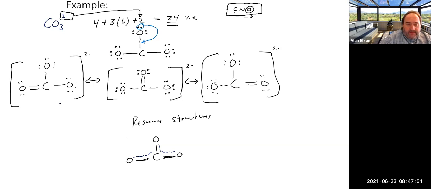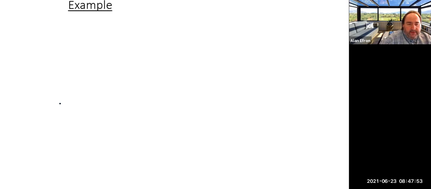Okay, so let's see here. I want to give you some to draw. Why don't you draw SO2? Why don't you draw nitric acid? And I'll give you a hint, nitric acid kind of looks like this.